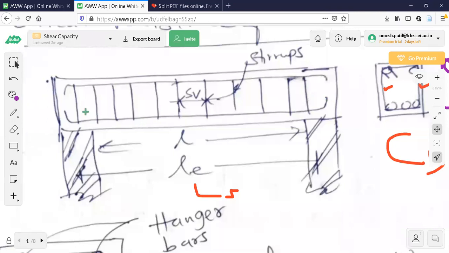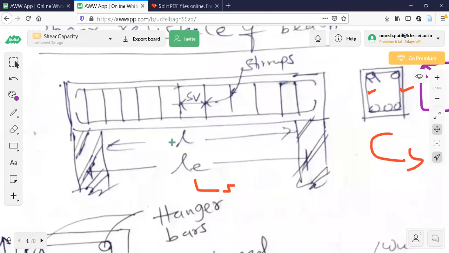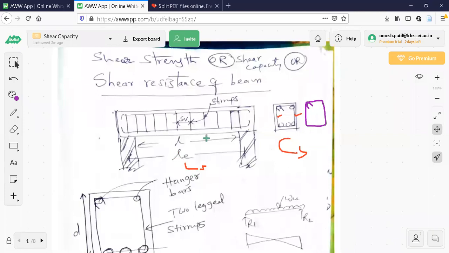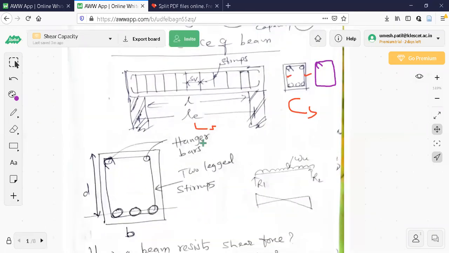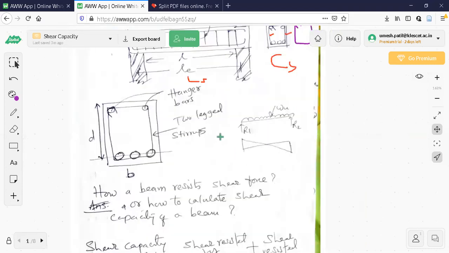That is why the stirrups are more closely spaced near the supports, whereas in the middle of the beam, the spacing is slightly more. But in today's class, just to reduce the complexity, I am going to assume the spacing is the same throughout the length. Usually the spacing near the support is less. So this is how shear resistance is taken care of, or can be increased, by providing stirrups.